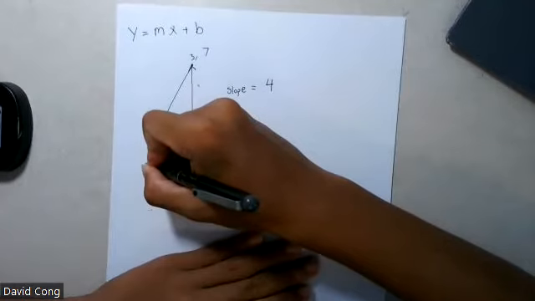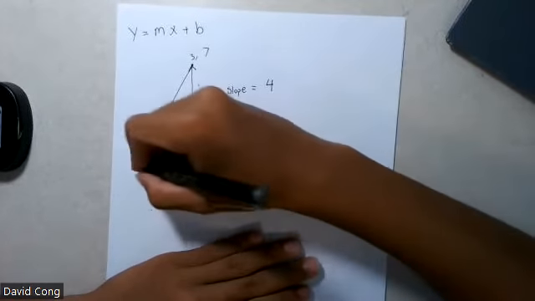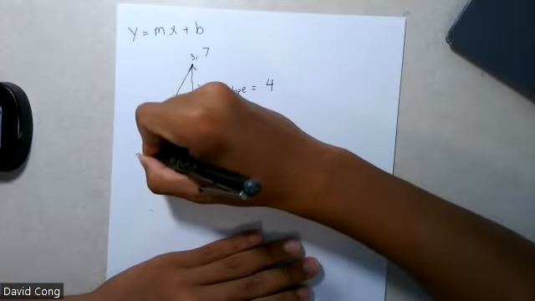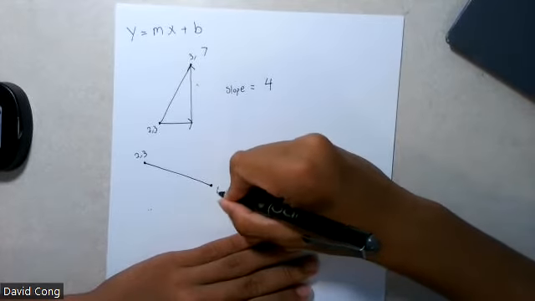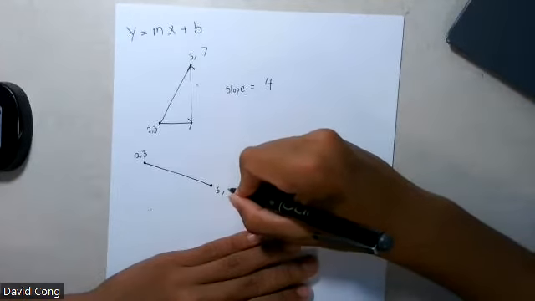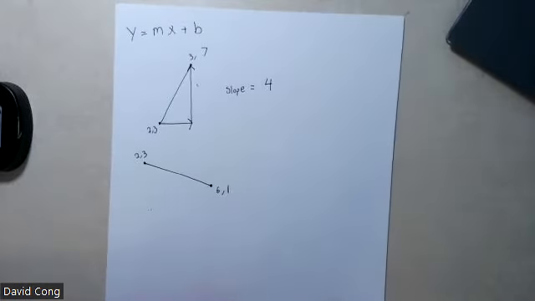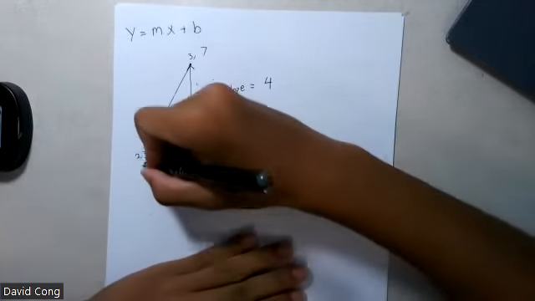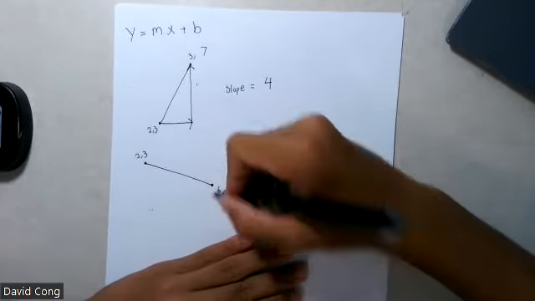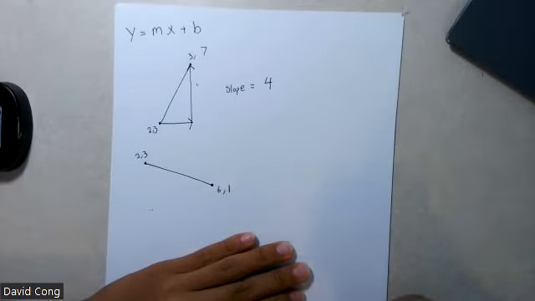Let's say in this case, again, let's use the same reference point, 2, 3. Let's call this 6, 1. Again, we want to look at how much the x moved and how much the y moves. So the x from 2 to 6, that means x moved by 4.